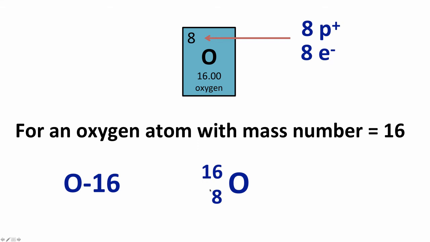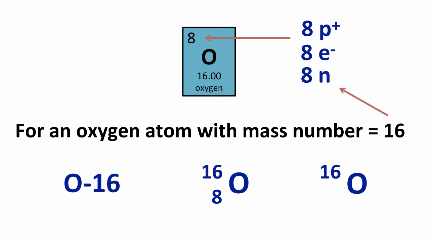It's a little redundant, but it emphasizes that the atomic number of oxygen is 8. And since it's redundant, we often will leave it off. So we can also write the symbol for an oxygen atom with mass number 16 as O with only the superscript 16. And all of these three symbolic representations mean the same thing.